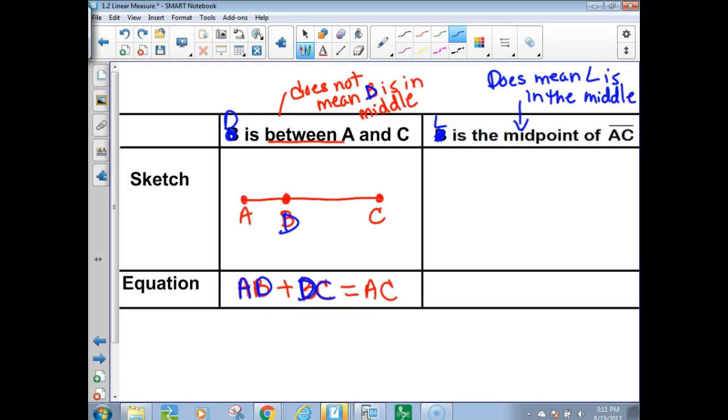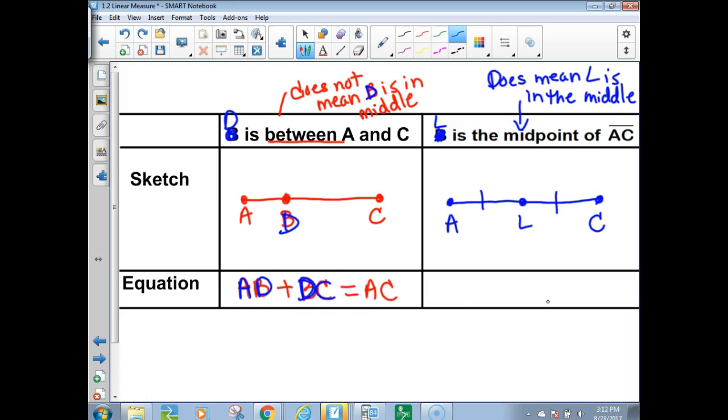It's very, very important to get the difference between these two topics. So our segment, it says L is the midpoint of AC, implies that L is right smack in the middle, and that we would know then that AL is congruent to LC, and you put those slashes on your picture. So what equation can we get from this one that's not the same as this?